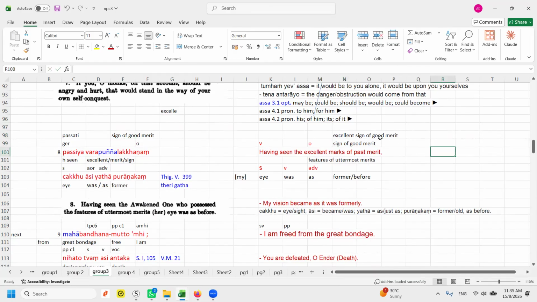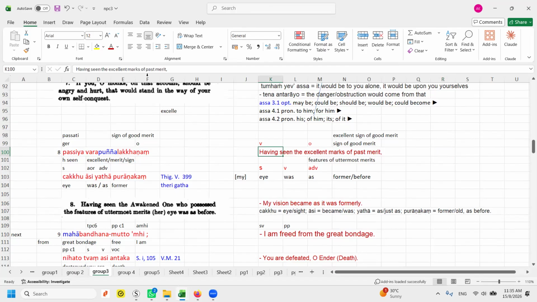I add in good, because this is vara, excellent sign of good merit. This is a compound of tapurisa, case number 6. So you can arrange that sign of good merit, excellent sign of good merit, excellent marks of past merit.